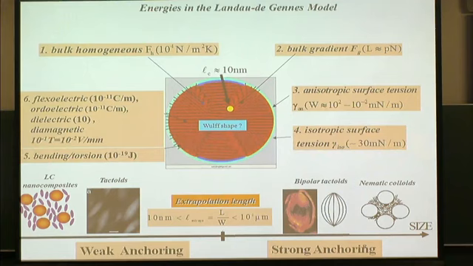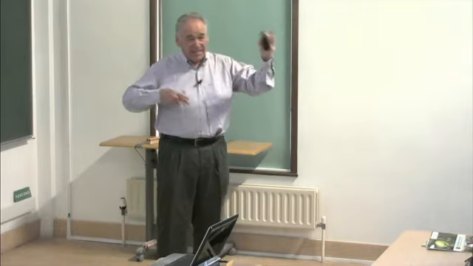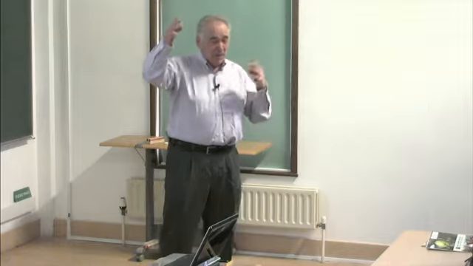Okay, so we have this proliferation of energies. Sometimes, especially people that want to have a clean picture of reality say, oh, you have too many energies, you'll never get anywhere, with all your 6, 8 energies: anchoring elasticity, gradient elasticity, bulk elasticity.